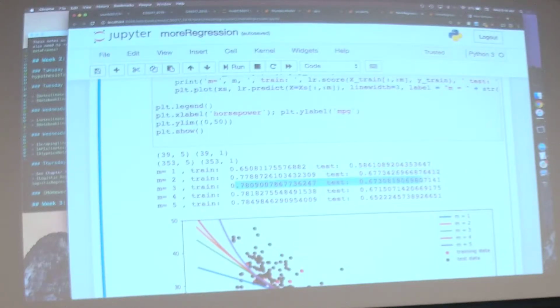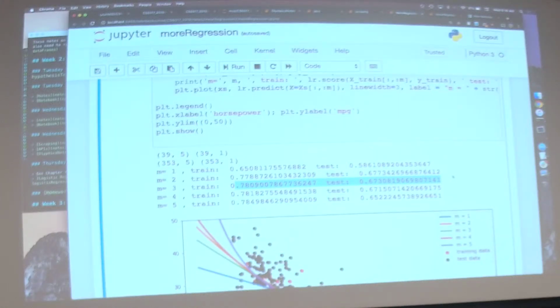Once we get up to here, we see that we went to the cubic, our training R-squared improved a little bit. Our testing R-squared actually went down. So this tells us that we're entering the overfitting range. Our training R-squared is of course always going to go up.